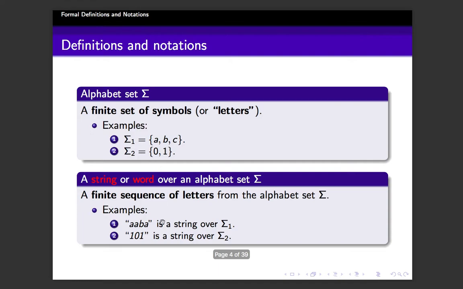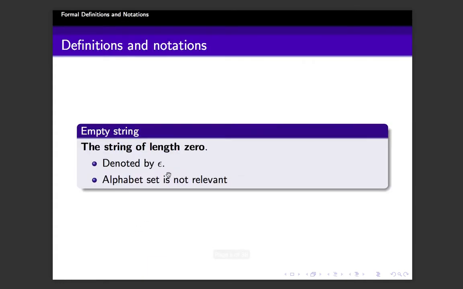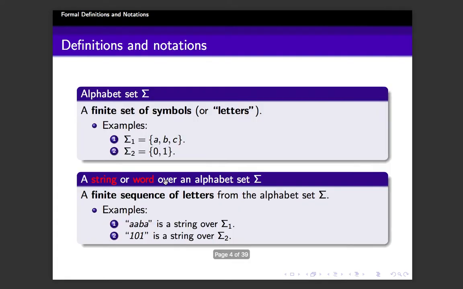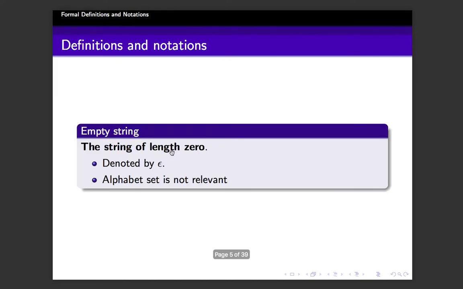For example, the length of this string is 4 and the length of this string is 3. So the empty string is the special string of length 0, denoted by small epsilon. Note that the alphabet set is not relevant for the empty string, because for both sigma 1 and sigma 2, the empty string is the same, epsilon.